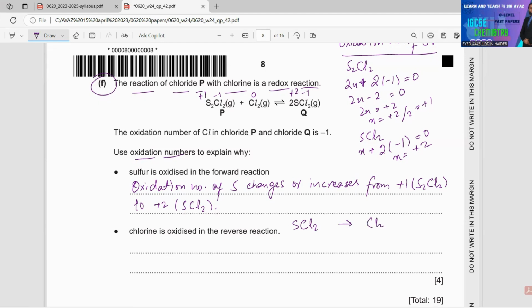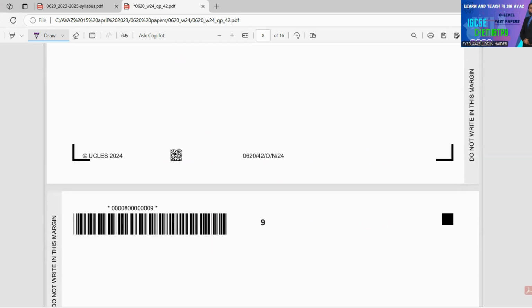So again, you see the oxidation number for chlorine increases in this case. So I will write oxidation number of Cl increases from -1, which is in SCl2, to 0, which is in Cl2. Moving to next question.